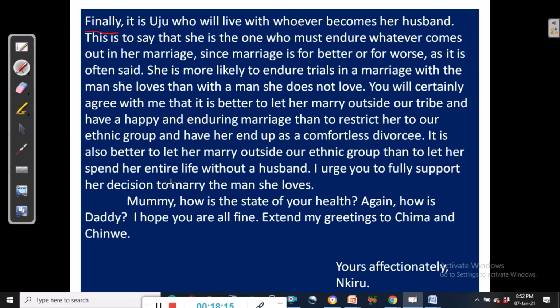You can see this is really the way to write a letter. You pick a point and you discuss it in a particular paragraph. Here, the examiner has asked us to write a letter to mommy, giving at least 3 reasons why she should allow our sister to marry a man of her choice.